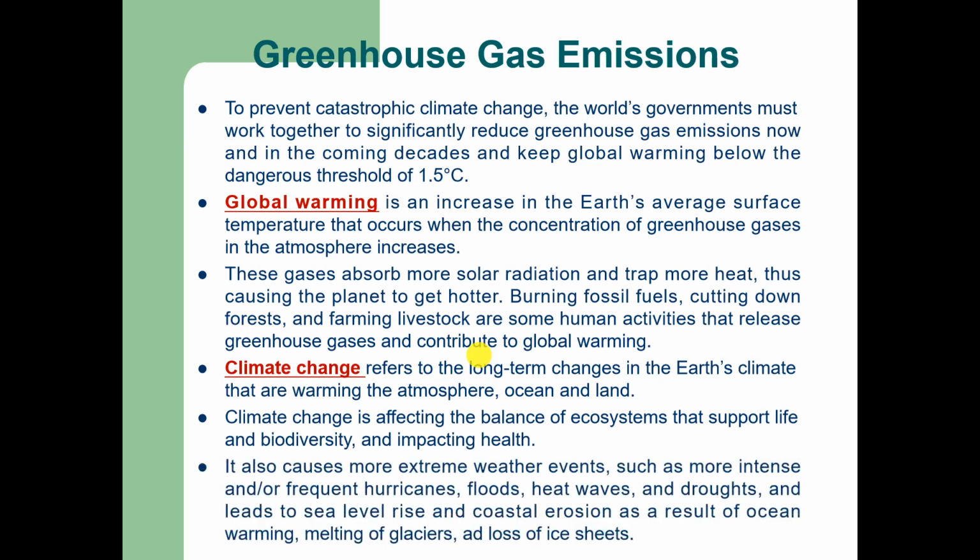It also causes more extreme weather events such as more intense and frequent hurricanes, typhoons, floods, heat waves, and droughts, and leads to sea level rise and coastal erosion as a result of ocean warming, melting of glaciers, and loss of ice sheets.